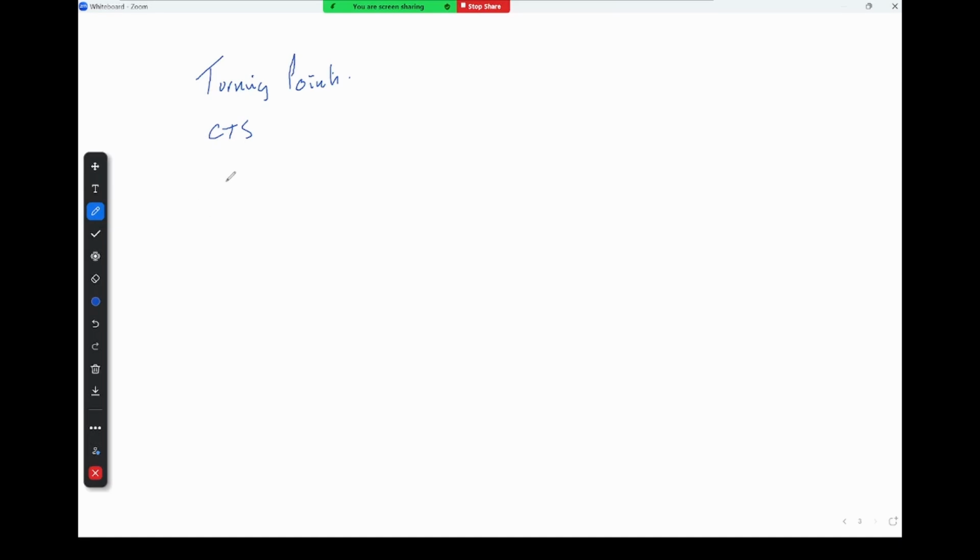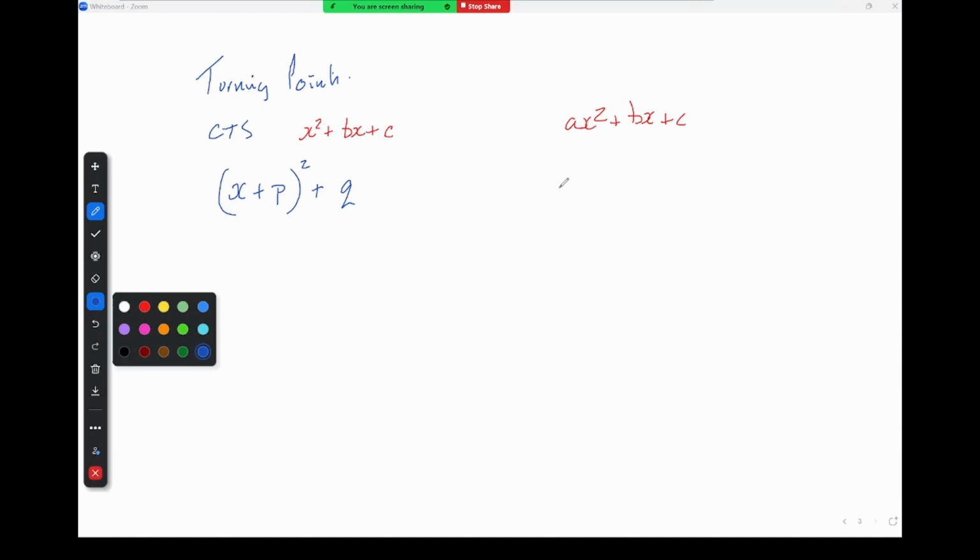It's either been in a format where we've ended up with x plus p, squared, plus q, and that was generated from when we had things in the format of x squared plus bx plus c, or we've had some number in front, ax squared plus bx plus c, and in that case we end up with the format of a times x plus p, squared, plus q. And there is a reason for this.